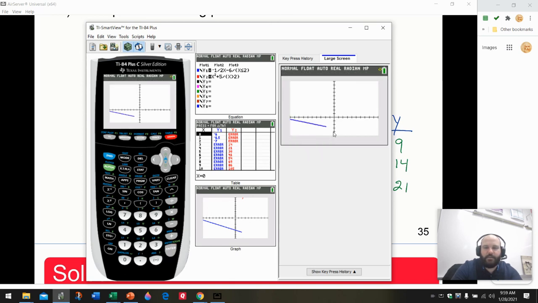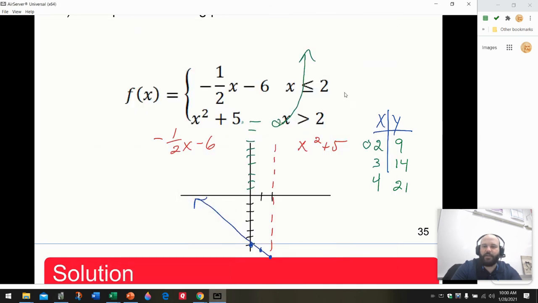So there's the linear graph. It stops right at 2, and then the parabola takes over and goes up. It doesn't draw this border line, although I do like you to have it in there when you're drawing by hand. Also notice that the dots are missing because the calculator won't do the dots. So that's how you graph a piecewise defined function, and that's how you graph it on your graphing calculator.